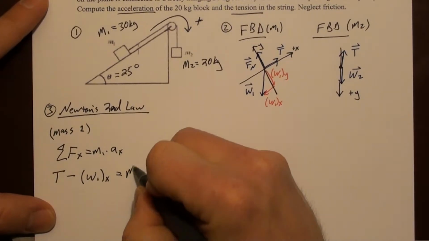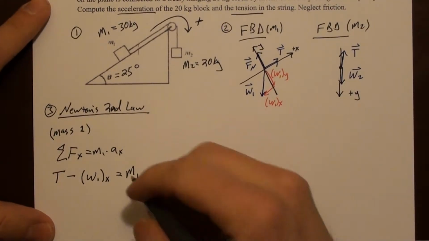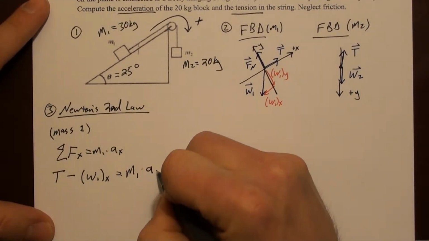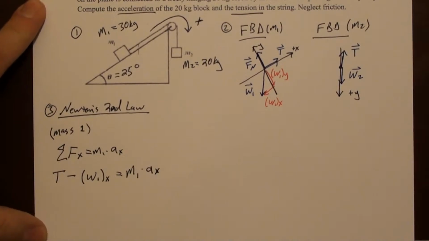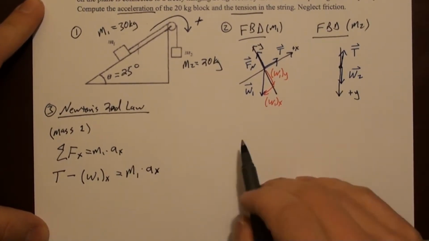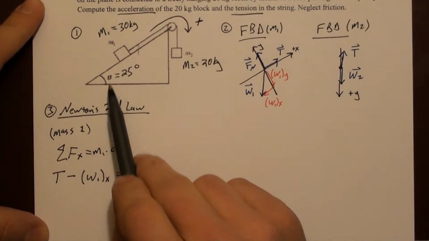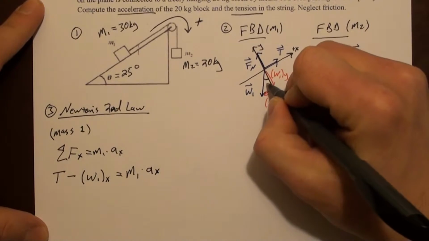And those equal m1 a sub x. So I'll write one more line here because I want to replace W1x with something that involves this theta. All right, if I look at my diagram, this angle is theta.